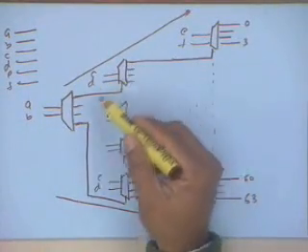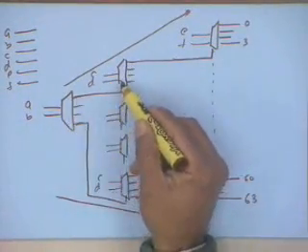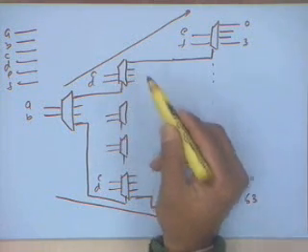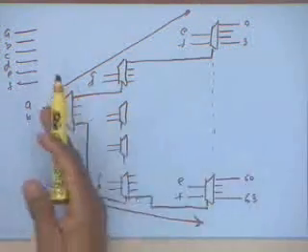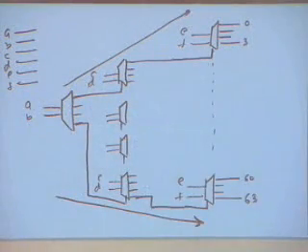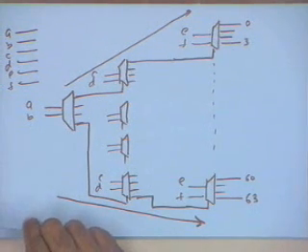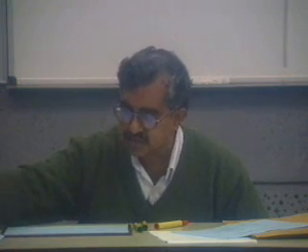This output will stabilize after 2 decoder delays, because this enable has to come and then CD will come. Similarly, this will stabilize after 3 decoder delays, and the decoder delays are adding up. That's a reasonably common way of implementing decoders with multiple levels, and these are called tree decoding circuits.